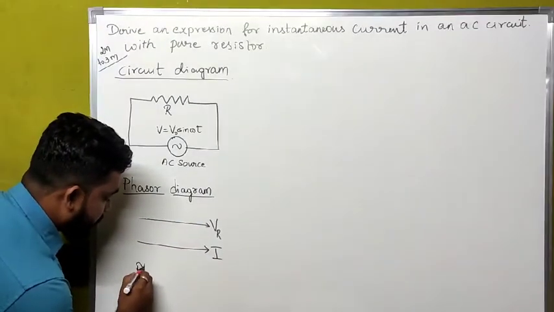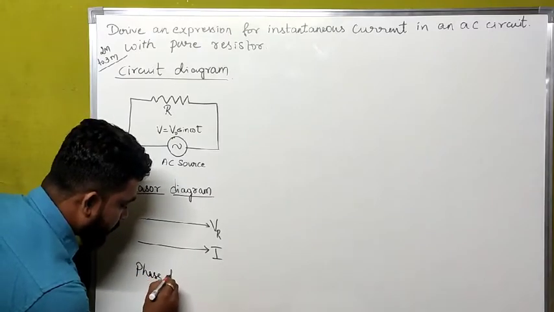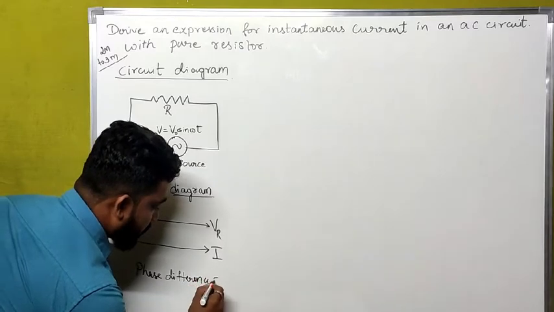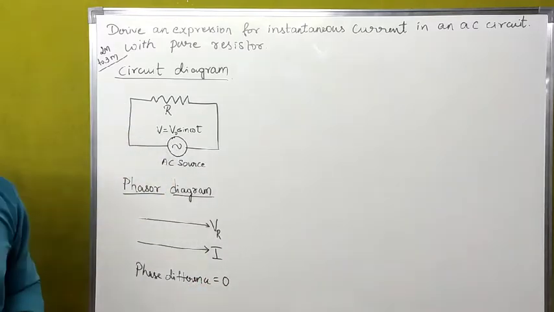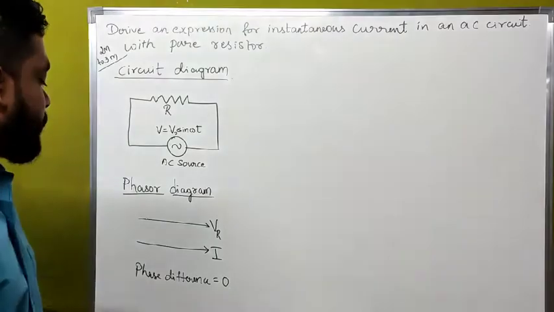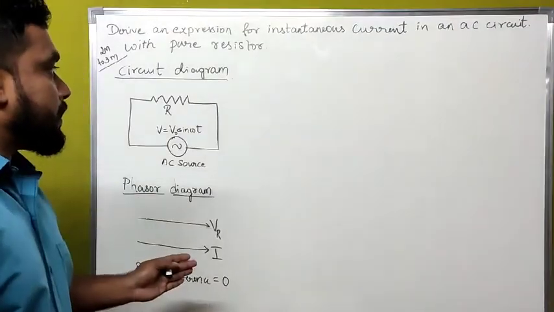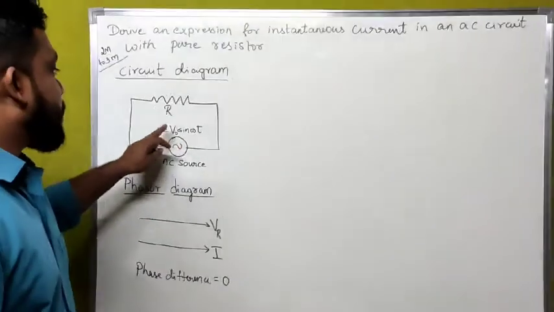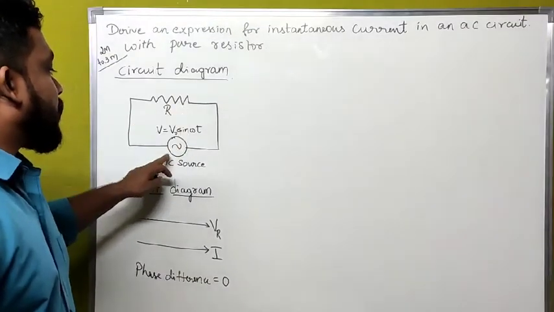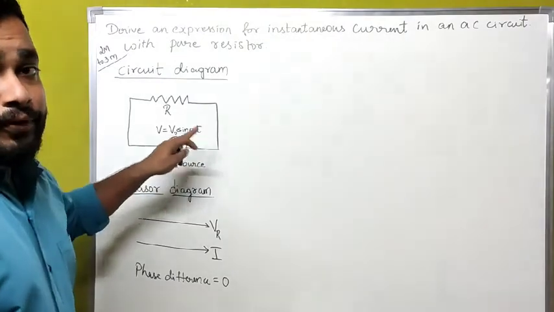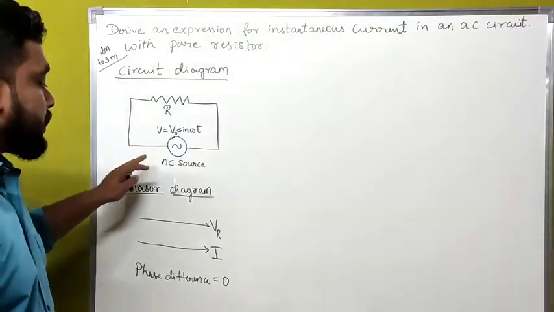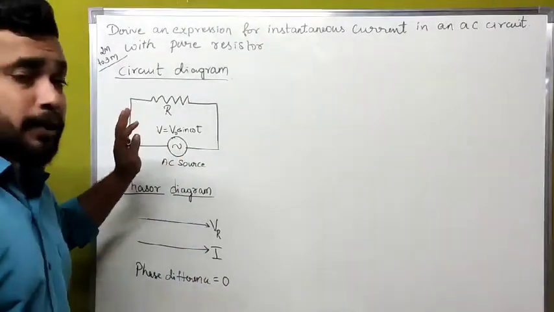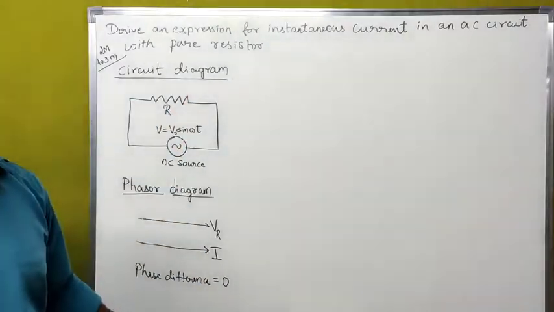The phase difference is equal to 0. The phase difference between voltage and current is 0 for this circuit. If we connect a resistor along with the AC source, the voltage and current are in phase. That means the phase difference of that particular circuit is 0.